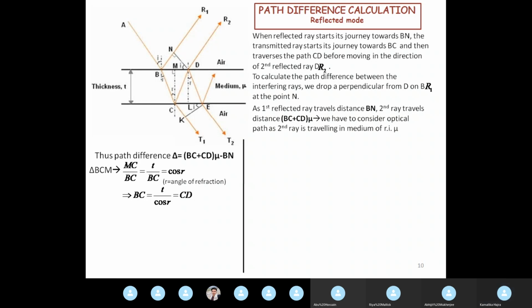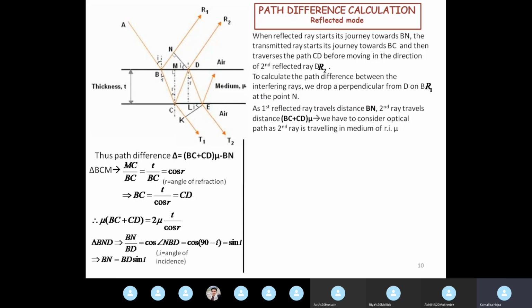And so BC is equal to T by cos R, and BC is again equal to CD. Therefore, this expression here, mu into BC plus CD, is equal to 2 mu T by cos R.